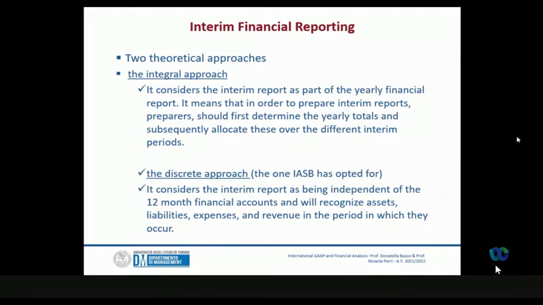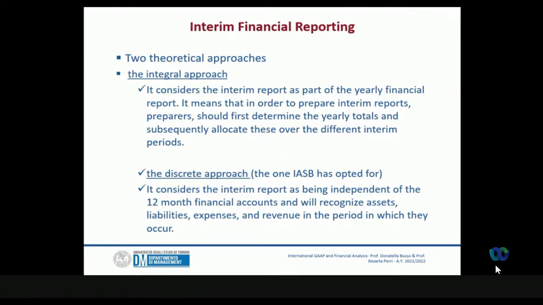Okay, sorry about that. So we are talking about interim financial reporting. We said that it is topic 24.5 in chapter 24. We are still in the same chapter. But this represents a special topic for us because this is a new standard. It's IAS 34. So what are interim financial statements?